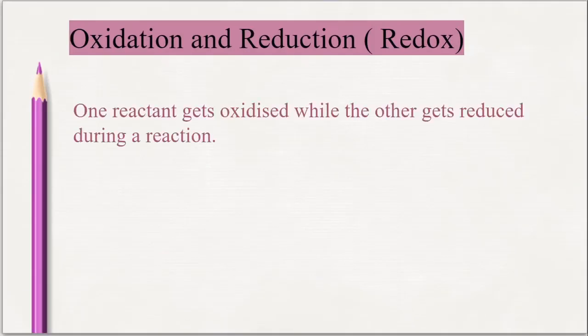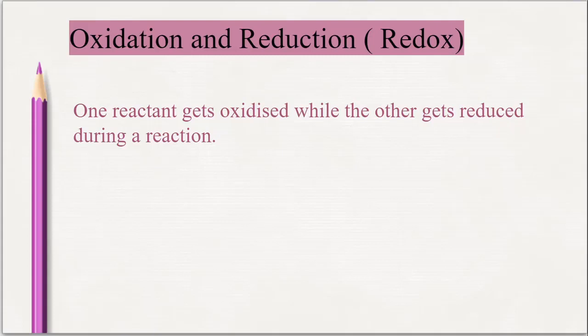Let us understand. One reactant gets oxidized while the other gets reduced during a reaction. Suppose we have any chemical reaction, and in that the oxidation and the reduction processes are both happening together in one reaction, then we can say that that reaction is a redox reaction.